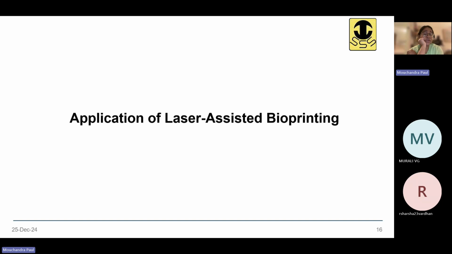And I couldn't find any recent literature, published in a year or two, working with this system. Maybe because the system is very costly, so that is why it has not become very user friendly yet and is available only in certain labs. So the papers that I'm discussing are more than 10 years old, but the technology still exists, maybe not for bioprinting, but for other types of printing methods.